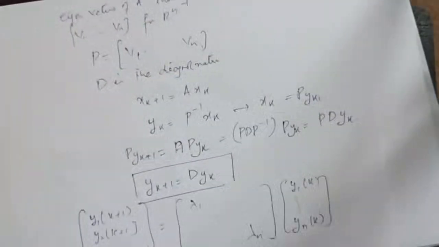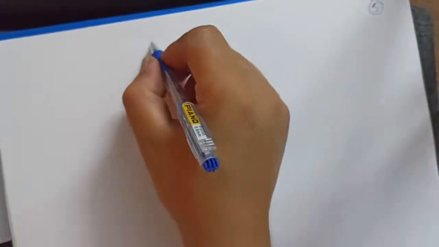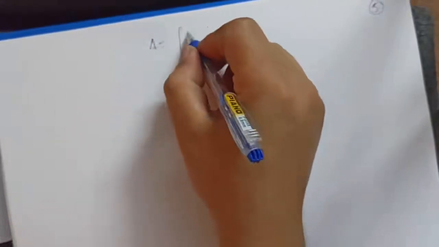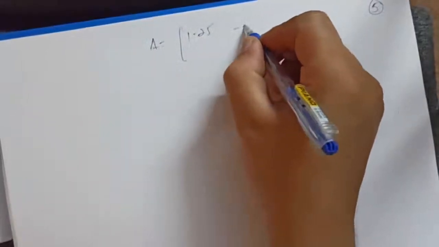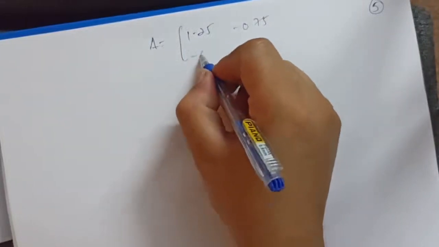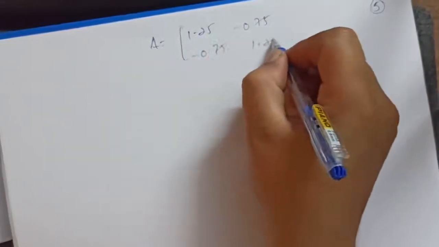To demonstrate how it is useful for finding the steady state response of a system defined by a non-diagonal matrix, we can do an example in which A is equal to 1.25, minus 0.75, minus 0.75 and 1.25.